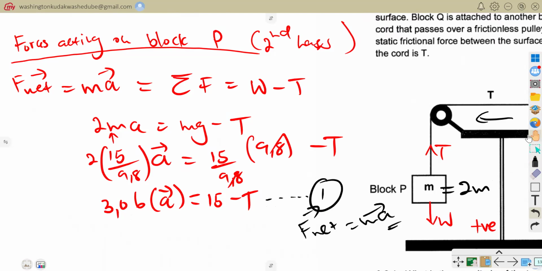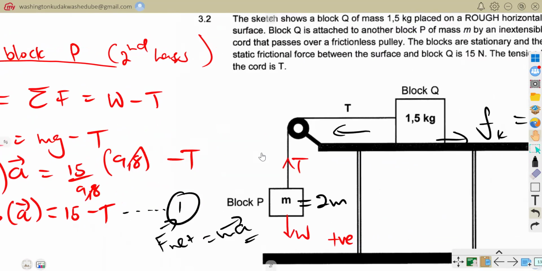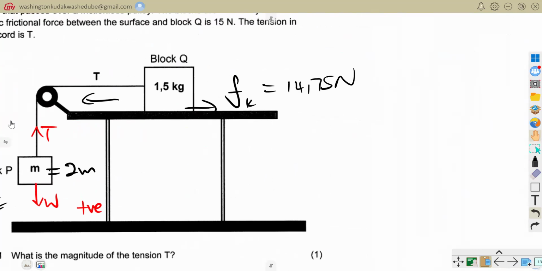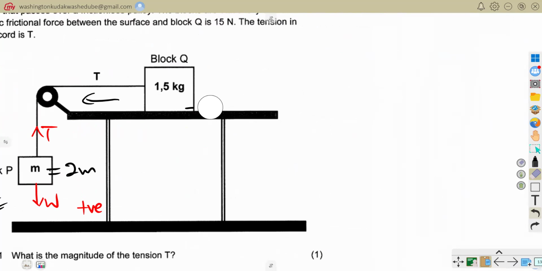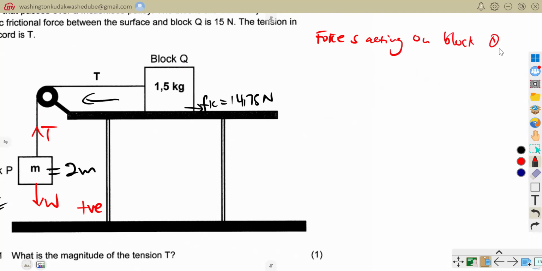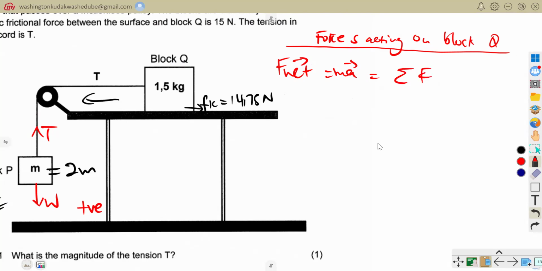Given that, I will now go on and look into block Q. I'll look at the forces on block Q. What are the forces that are acting on block Q? For forces acting on block Q, I have Newton's second law, F net being equal to ma, which is also equal to the vector sum of all forces acting on our body.